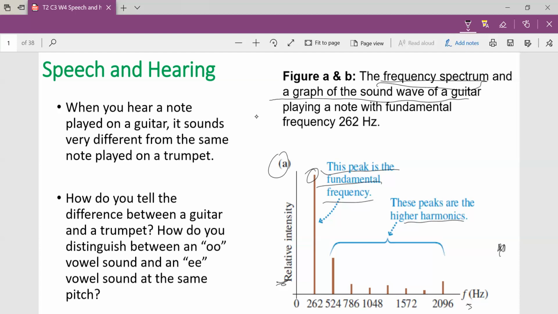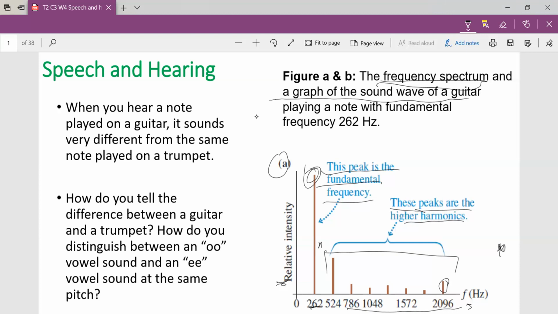So this is the peak showing the fundamental, and the fundamental is 262 Hz. We see other higher frequencies and their peaks as well.